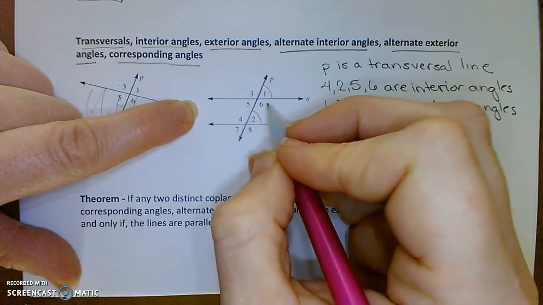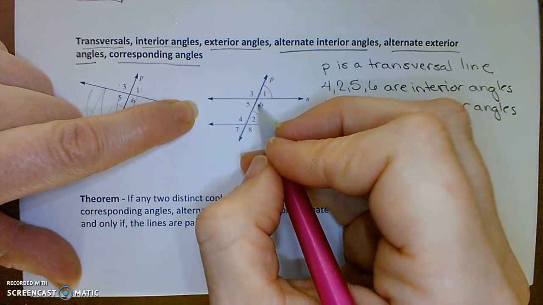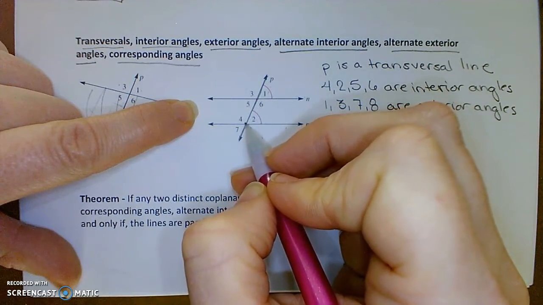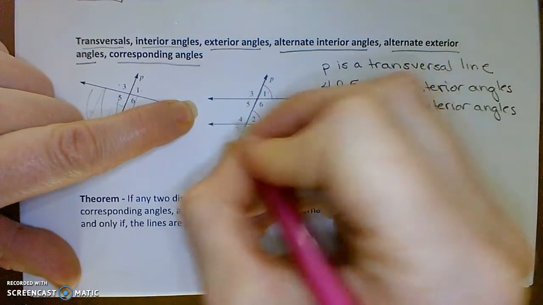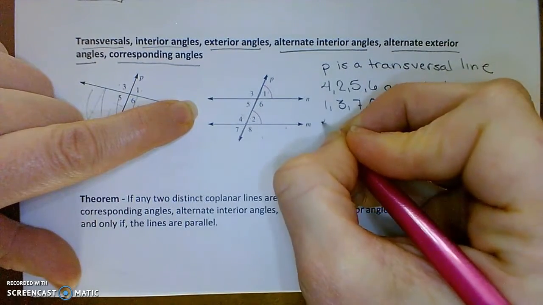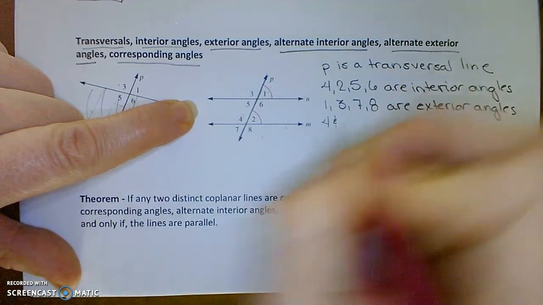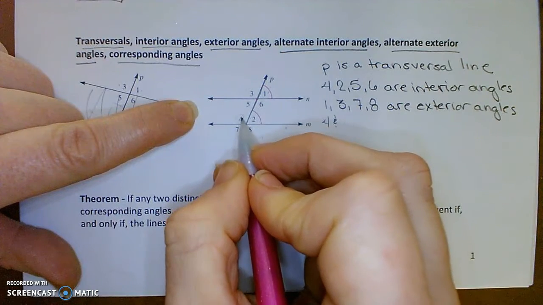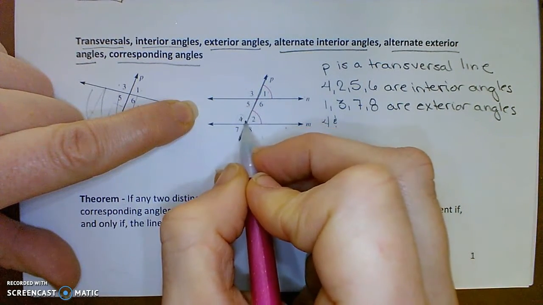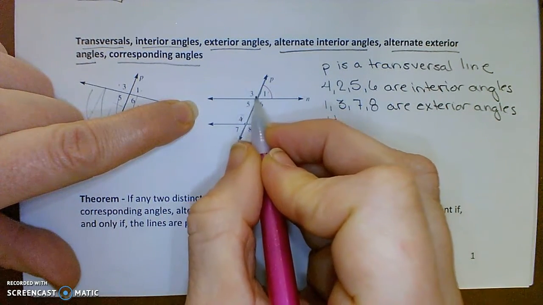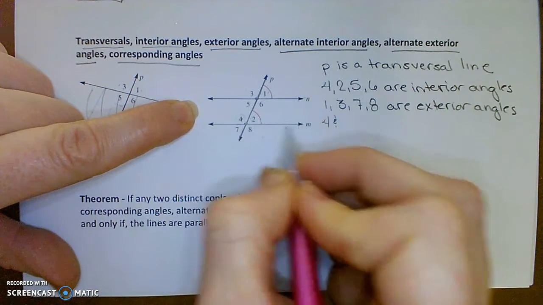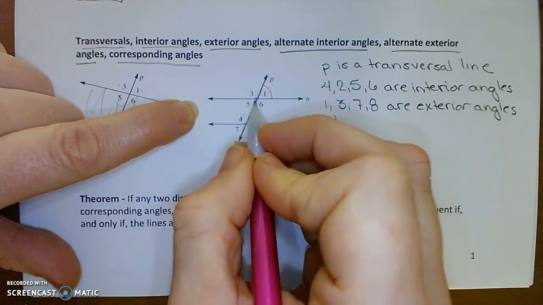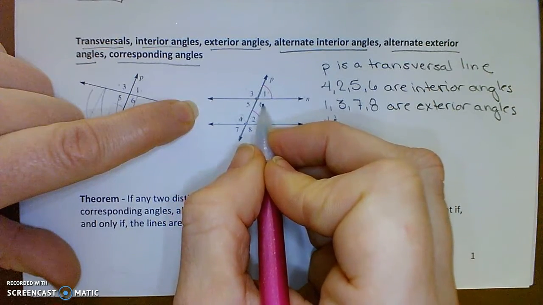These would be interior angles that appear on opposite sides of the transversal line. So if I pick the angle 4 here, its alternate interior partner would be the interior angle that's made by the other line. So instead of being made by line M here, it's made by line N. That's on the other side of the transversal.